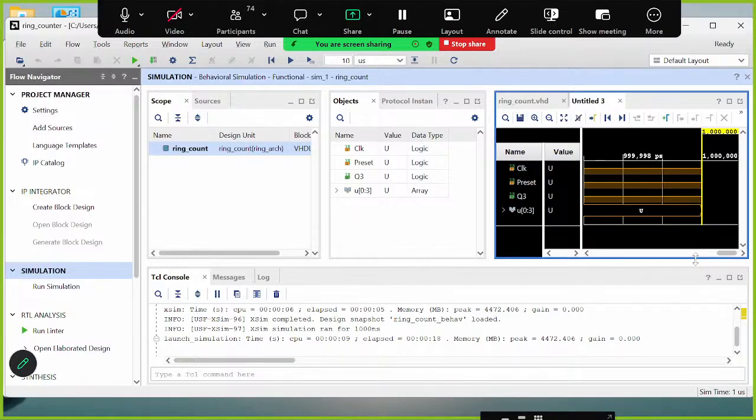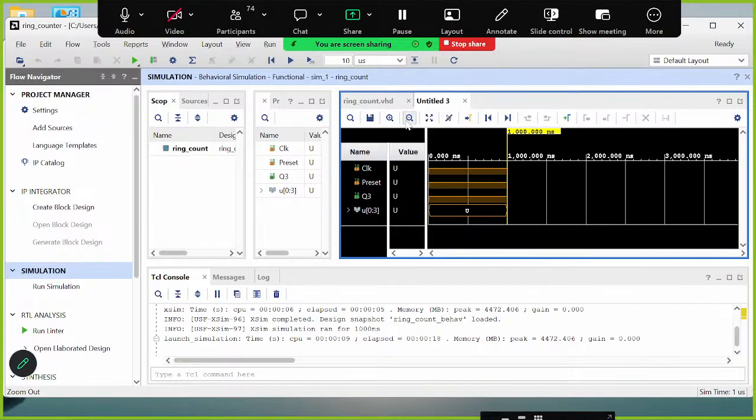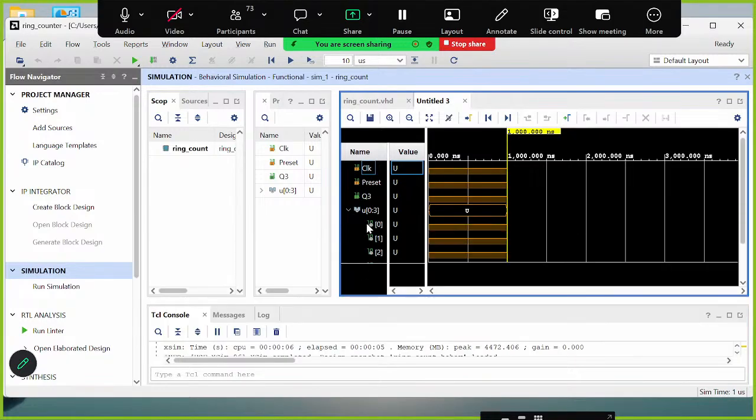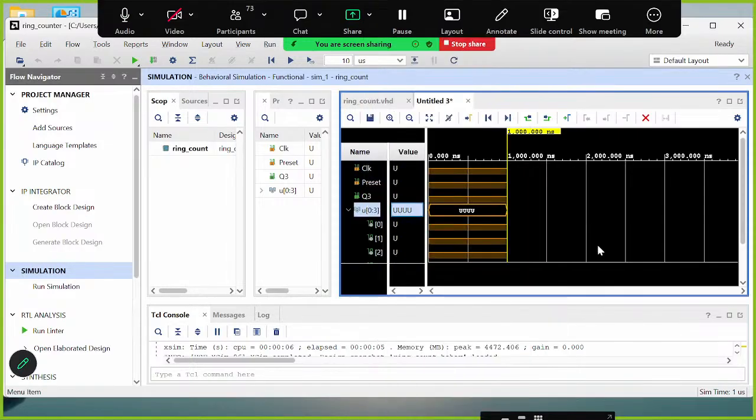Make the radix of this as binary. Now let's start again. We should start with clock and preset.